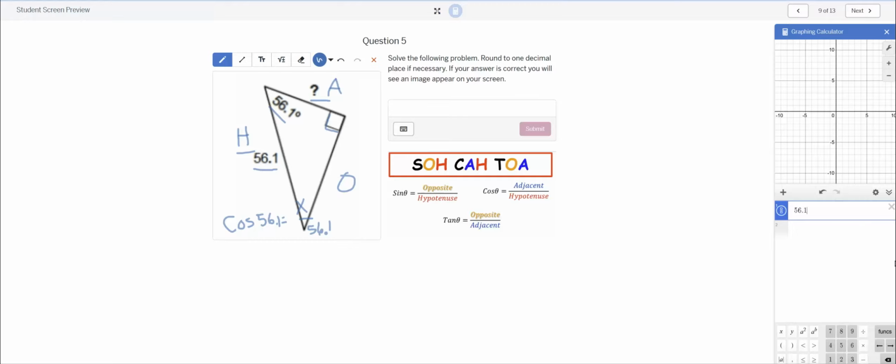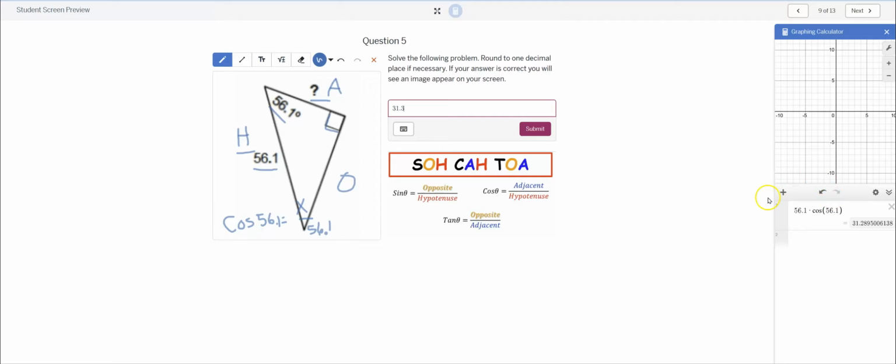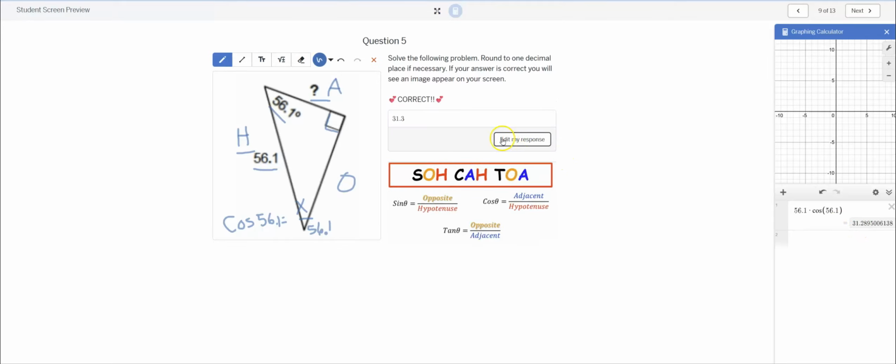So I have 56.1 times the cosine of 56.1. And we get 31.289. We are going to round that to one decimal place again. So 31 point, instead of 2, it's an 8, so that's going to round it up to 3. We have to look at that next number to make sure our tenths is rounded correctly. And we got that one.